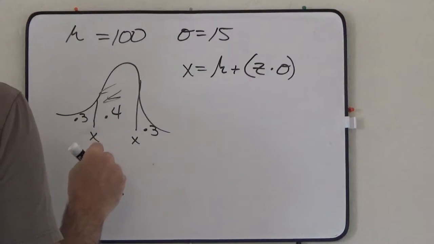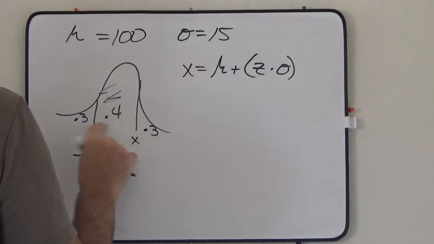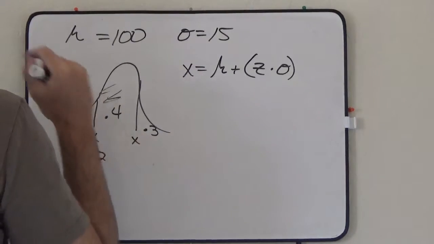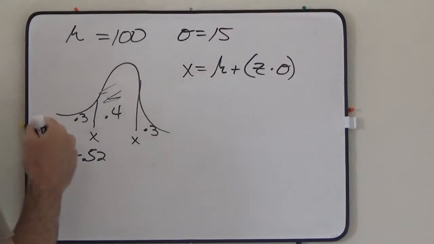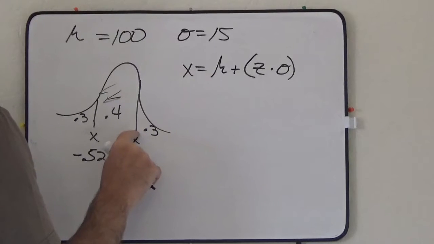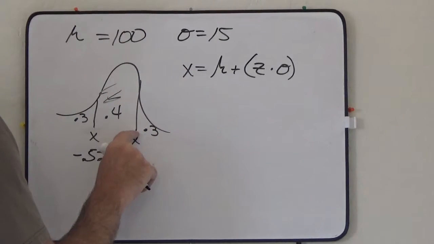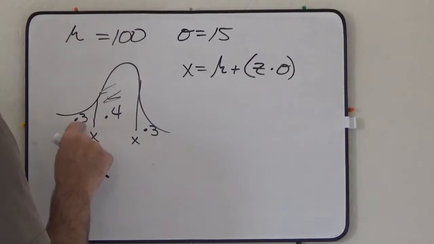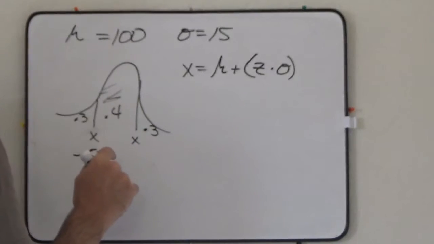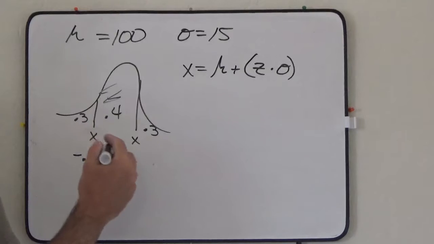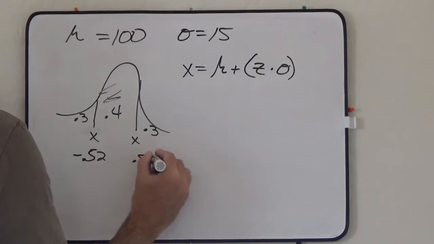Now, what we want to find here is 70% to this point. We can do it one of two ways. We can do 1 minus 0.3 to find out what the probability should be, or we can just do 0.7, and when you do 0.7, you find out that this is positive 0.52.